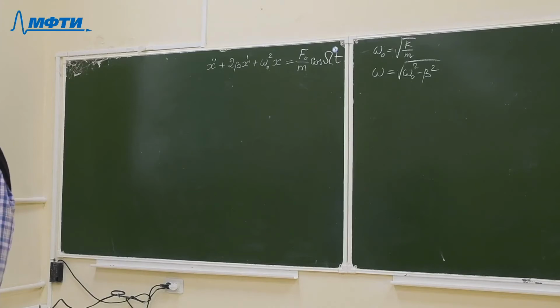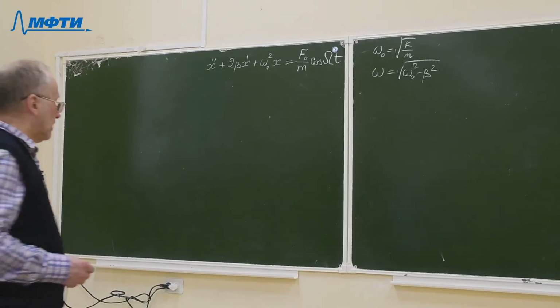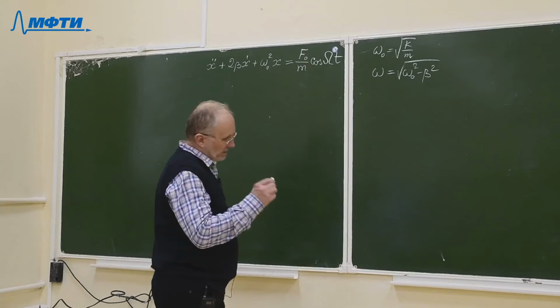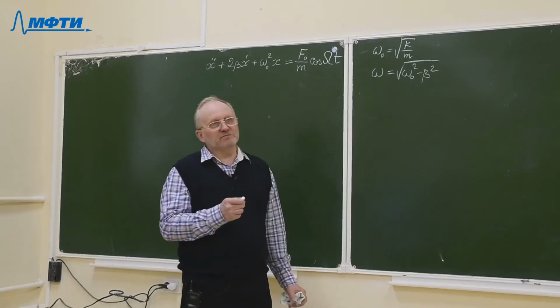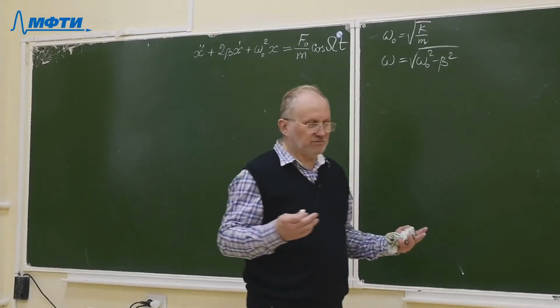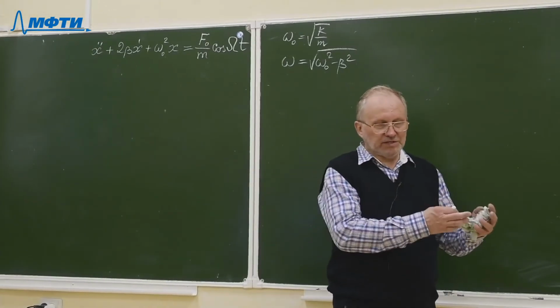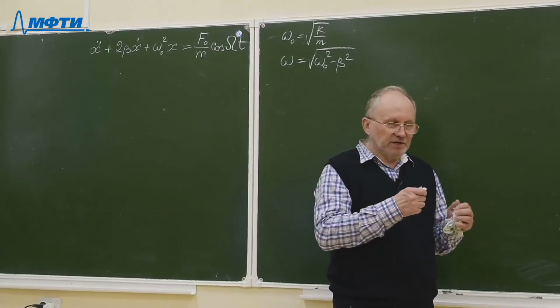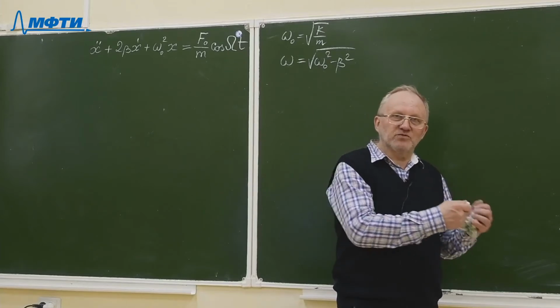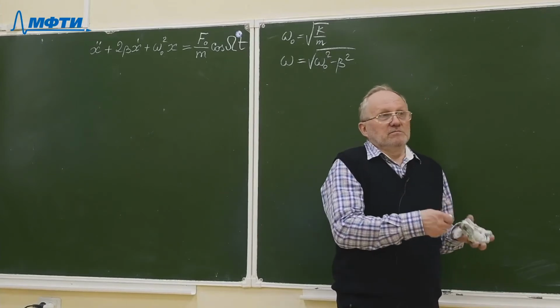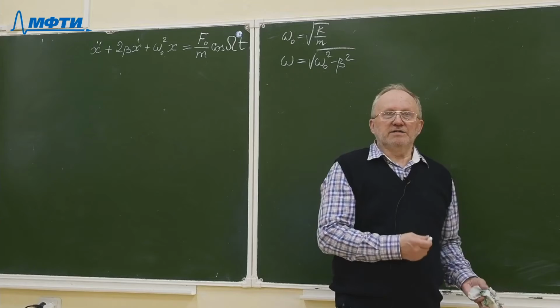So if we act on this vibrating system, you may imagine the body on the spring, and if I shake this body with some frequency, it will be moving with this frequency which I define.